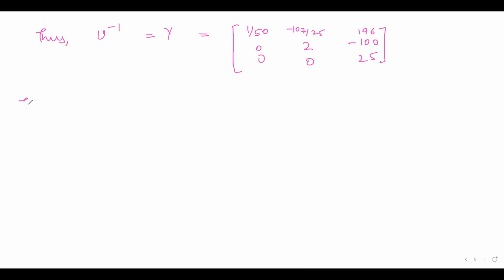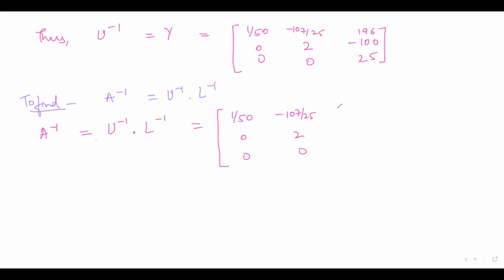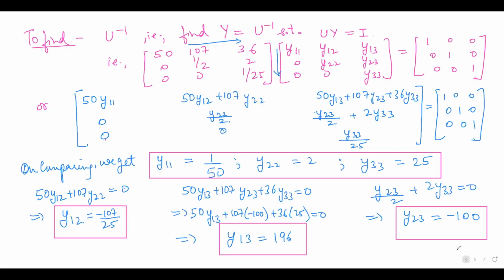Okay. Now we need to find A inverse, that is U inverse into L inverse. So let us just quickly find that. A inverse is U inverse multiplied by L inverse. So that's 1 upon 50, 0, 0, minus 107 upon 25, and so on. And L inverse that I have calculated on the previous page.